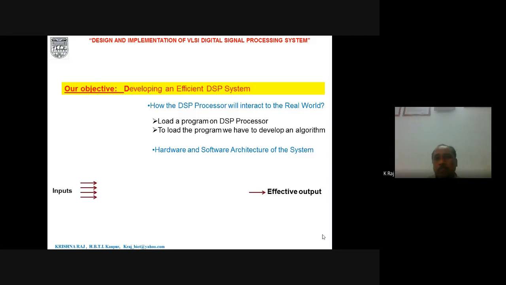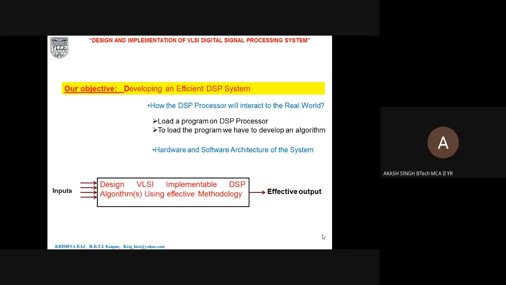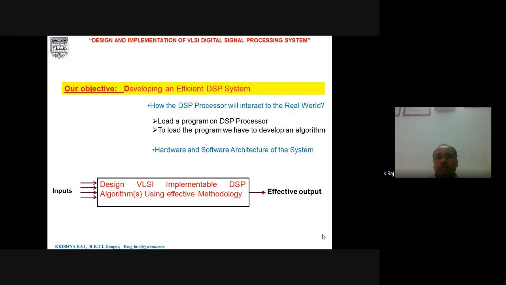And in order to know the hardware and the software architecture, we have to go through here the algorithm as well as the architecture of the DSP processor, which has been targeted.